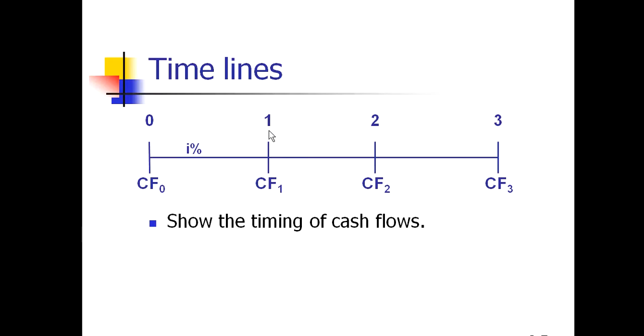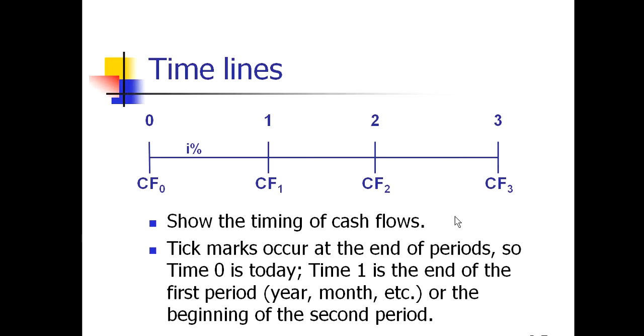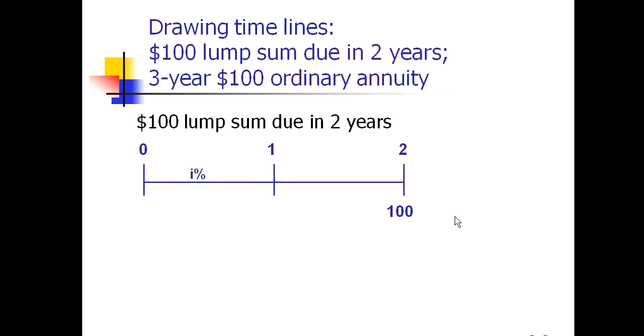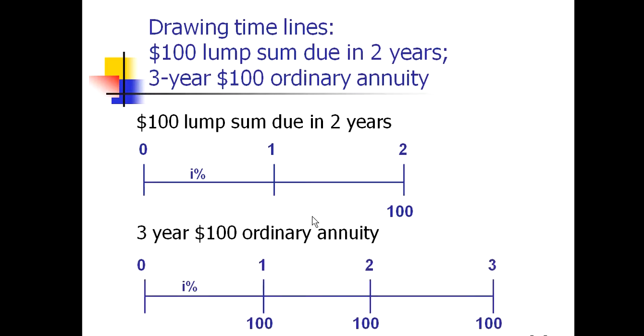Here the one is the first year, and here the cash flow in the second year, and here the cash flow in the third year. Here you can see the timeline for 2 years, and here the timeline for 3 years.